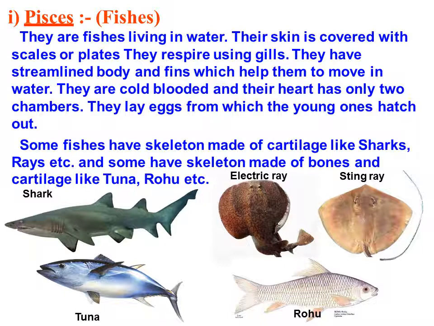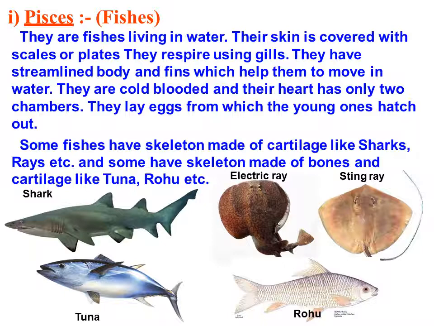They lay eggs from which the young ones hatch out. Some fishes have skeleton made of cartilage, like shark. That's why they can move. Cartilage means it is like a skeleton only, but it's not that hard. It's flexible.